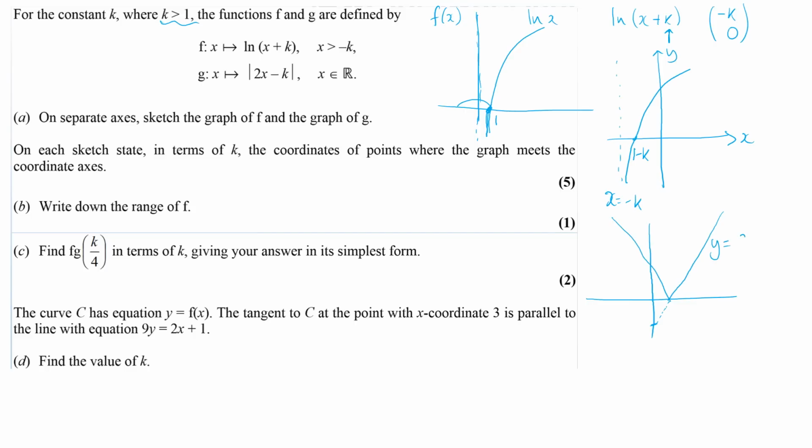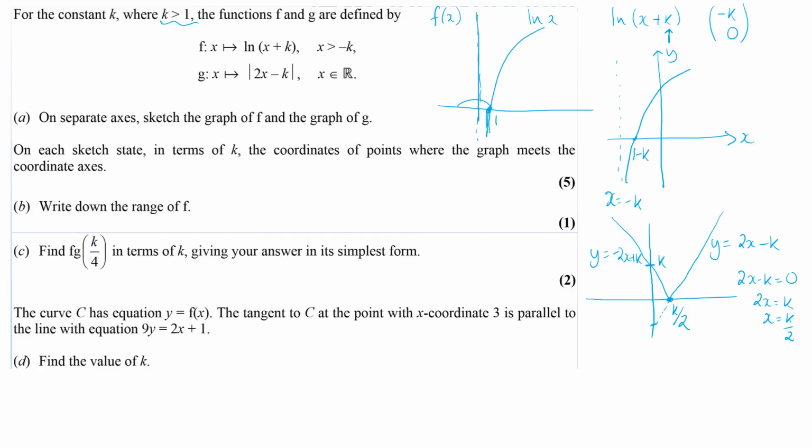This side will be 2x minus k, and this side will be minus 2x plus k, so the y-intercept there is k. Now what's this bit here, because we need to label where that crosses the axes? It's when 2x minus k is equal to 0, so 2x is equal to k, x is equal to k over 2, so that's k over 2. So that's part A for your 5 marks.